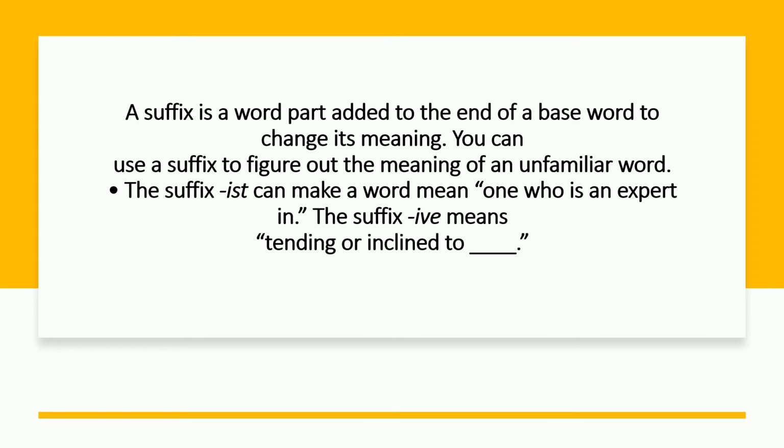So the suffix IST can make a word mean one who is an expert in something. When you see IST added to a word, it means somebody who is an expert in that word, who is very good, who knows everything in and out of that. So like, maybe chemist, we're looking at chemicals.